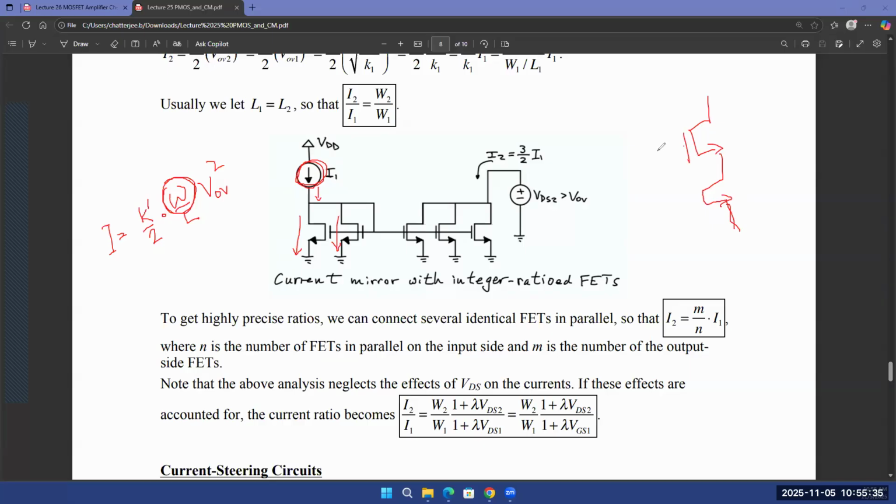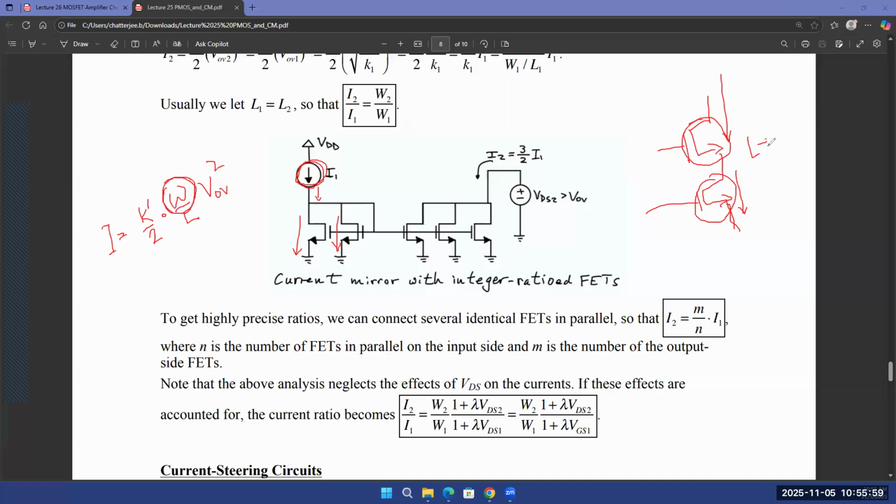Maybe this has a different gate voltage and this has a different gate voltage, but the current first flows through the first transistor and then flows through the second transistor. Whatever resistance you see for this transistor and whatever resistance you see for the other transistor, they will effectively get added. So in that case, if you put two transistors in series, I'll say that my length has become 2 times.